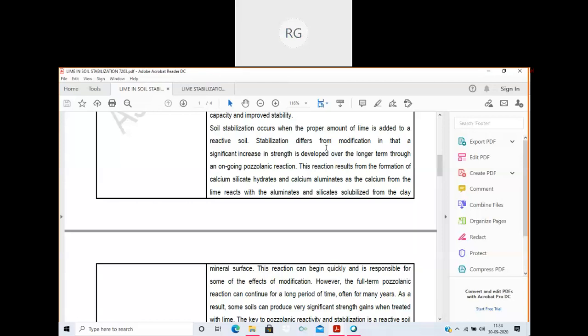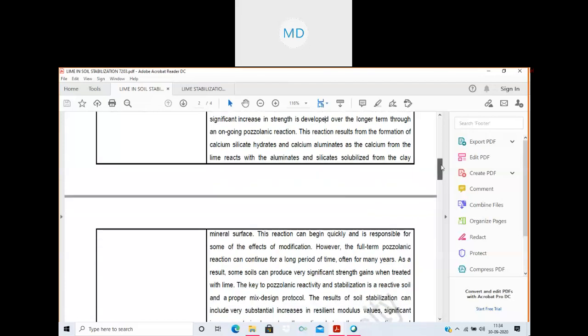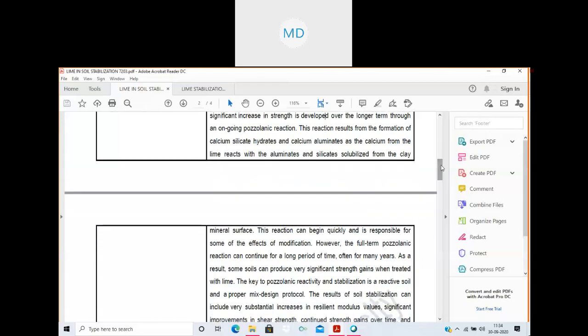Silicon dioxide, not actually. Silica and aluminium. Yes, Himal, good. The presence of silica and aluminium defines the pozzolanic content of any material or soil or any chemical. So the soil should have the proper pozzolanic content to be able to react with the lime.